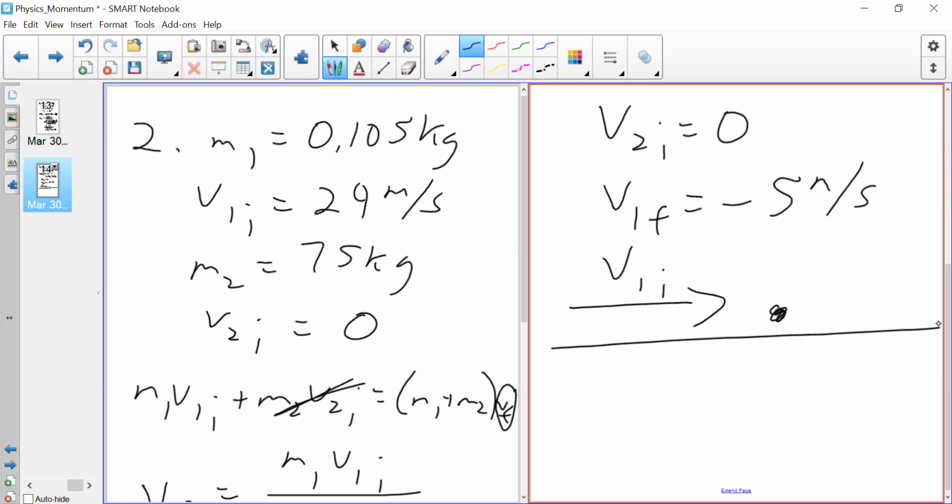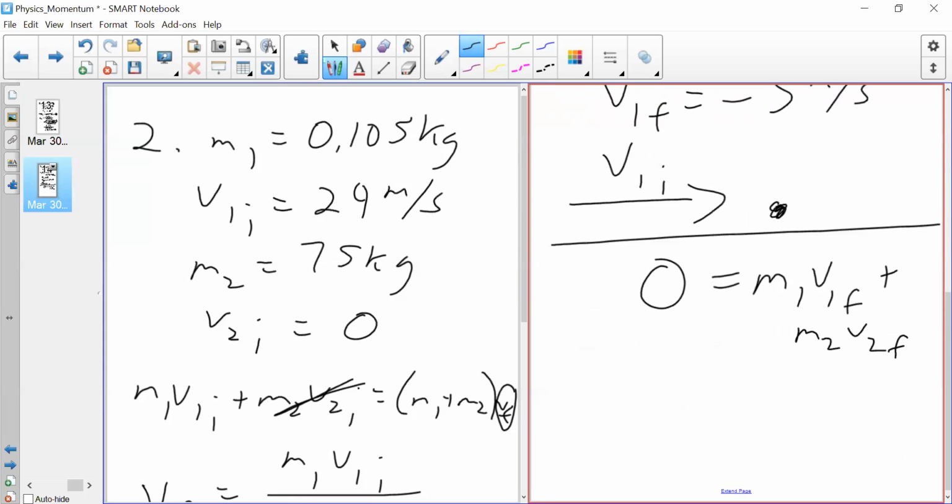Anyway, the best way we can do this is the momentum in the beginning is nothing. And then we have the information for bullet and ball. So we have the bullet, let's say it's the first mass, M1 V1 final. So the bullet's going to have a V1 final of -5 if it goes to the left. And then now we have the ball speed as well. So we can solve it that way, because you can clearly see there's no initial speed for the bullet, so they're missing information. It's awkward.